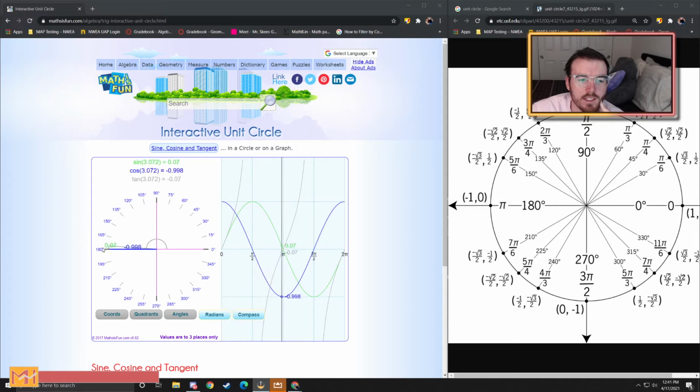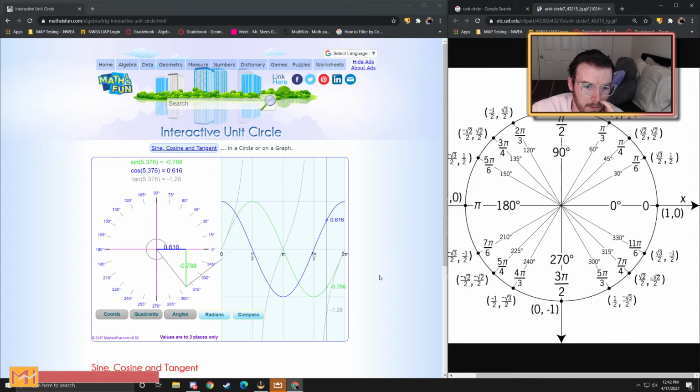So as you see here, as I go past 180, that curve starts to go down, and at 270, or 3 pi over 2, it's at -1, as you can see over on the unit circle, and then it starts to ascend back upwards and gets back to 0, okay? And then after a full 360, it just goes and does it again.